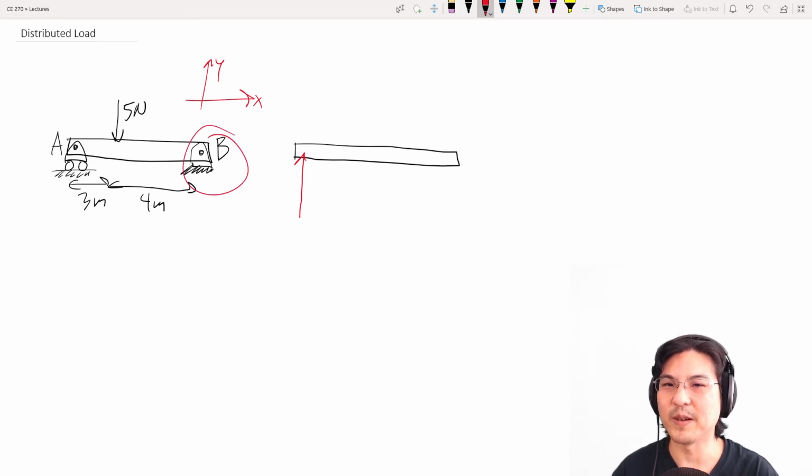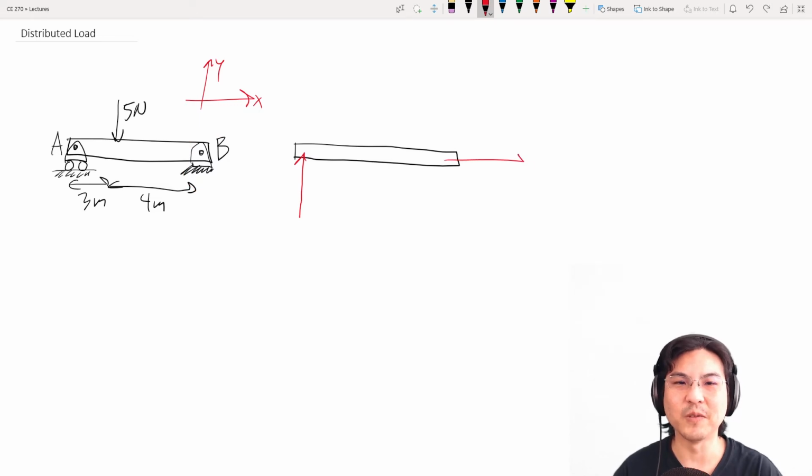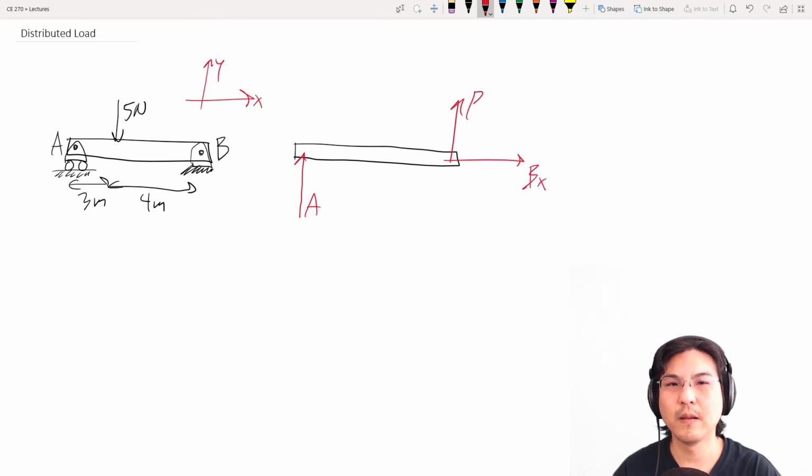Then a pin over here, so there's a 2-dimensional reaction force, which I'm just going to decompose into x and y components. So these are the reactions at the supports. And then there's this 5 Newton discrete load here.